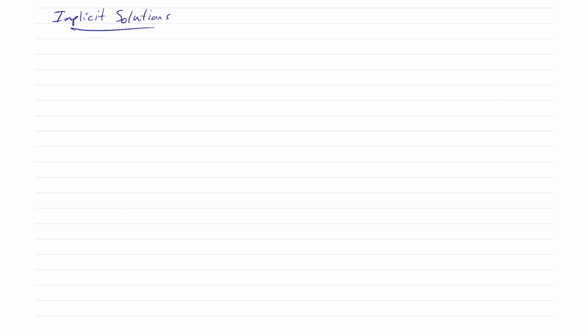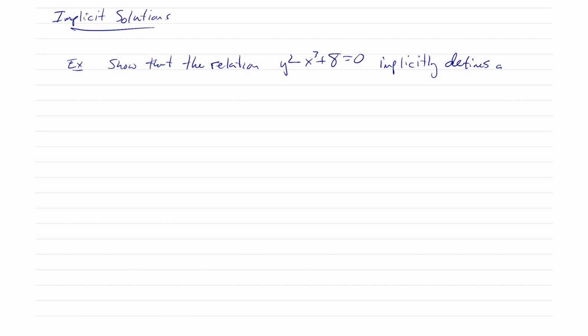Here we have, as an example, before we actually define it, just following the book, I'm going to show that the relation y squared minus x cubed plus 8 is equal to 0 implicitly defines a solution to the differential equation dy/dx is equal to 3x squared over 2y.